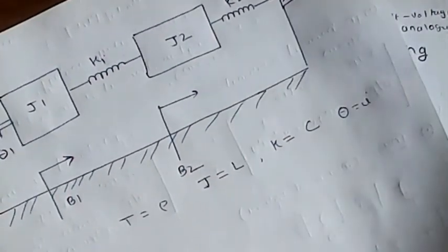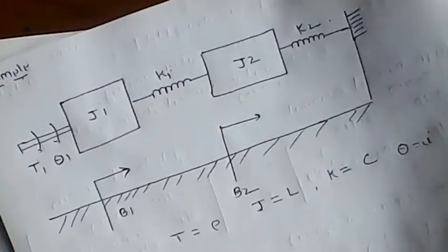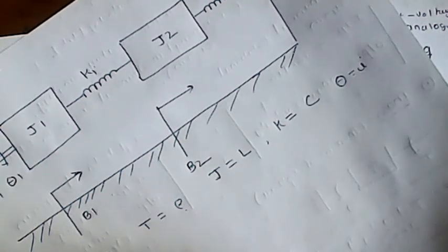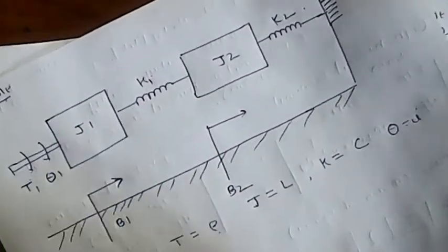First we write down and convert the torque into electrical voltage, that is E. Then we convert this mass into an inductor, denoted by the letter L. There is a friction B1.